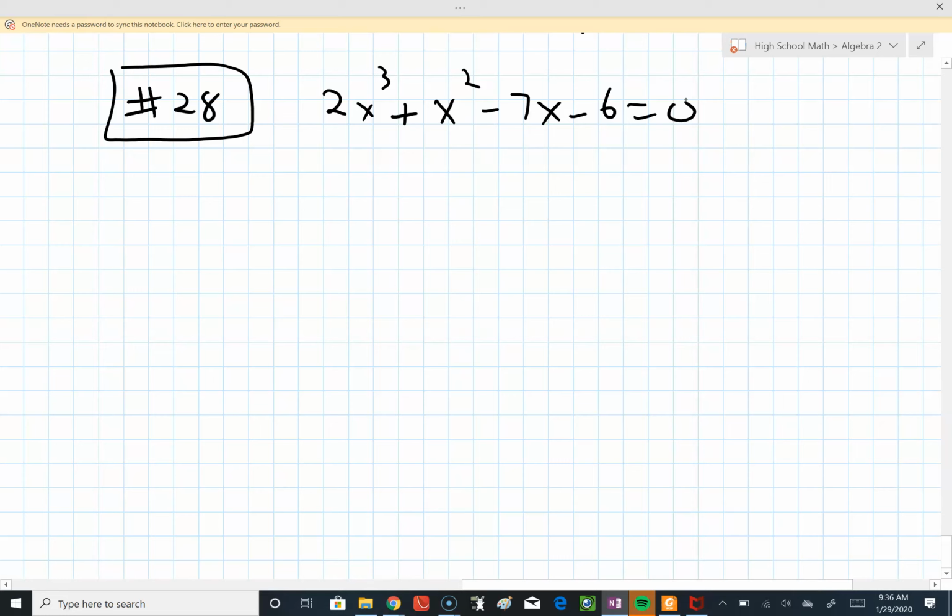All right, and we're tasked with finding all of the rational zeros. Not irrational, not square root stuff, but numbers that are whole numbers or can be written like a fraction.